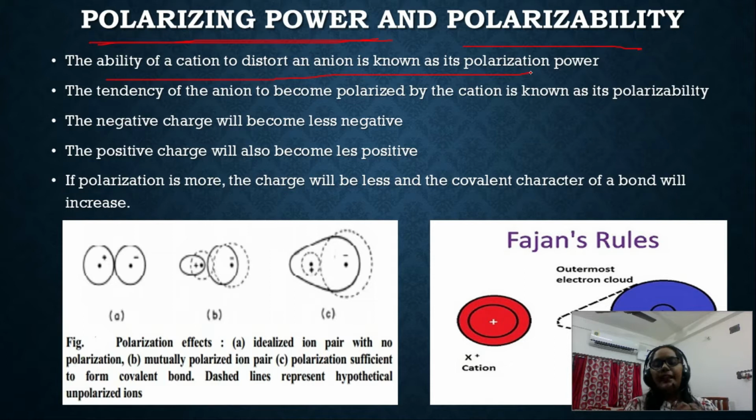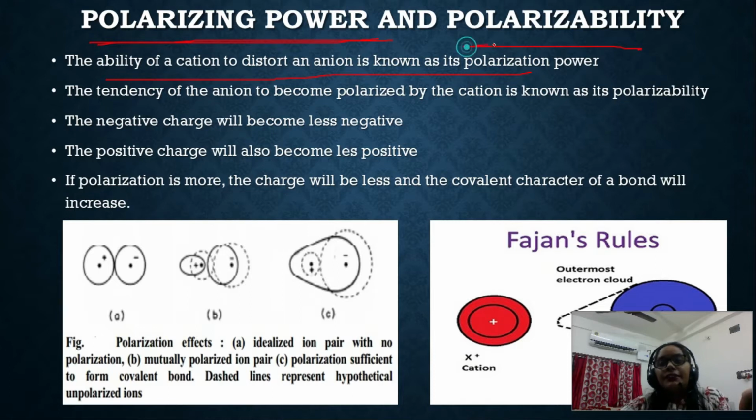The positive charge will attract the electron density of the anion, so that electron density will be distorted. The power, the ability of this distortion, is called the polarizing power.